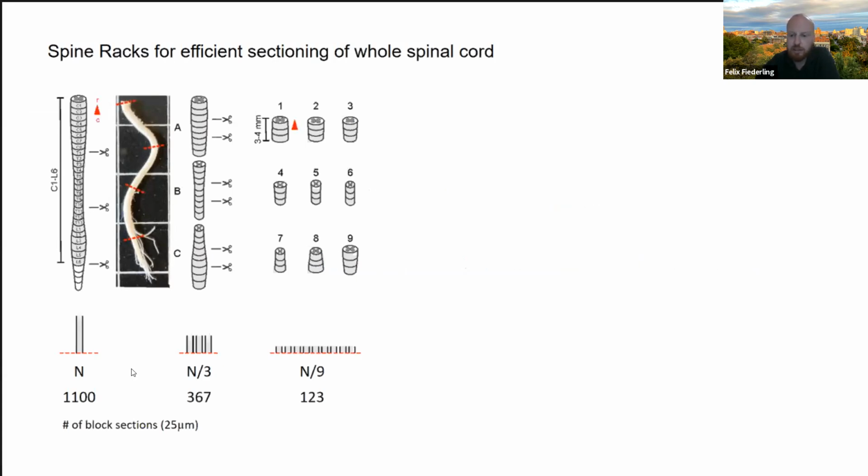So as shown here, by splitting the cervical to lumbar region of the spinal cord into 9 tissue pieces, we can bring down the number of actual sections that we need to cut from over 1,000 to about 100. However, now with these small tissue pieces, it is quite tricky to embed them in the same block in a perfect orientation without confusing their identity.